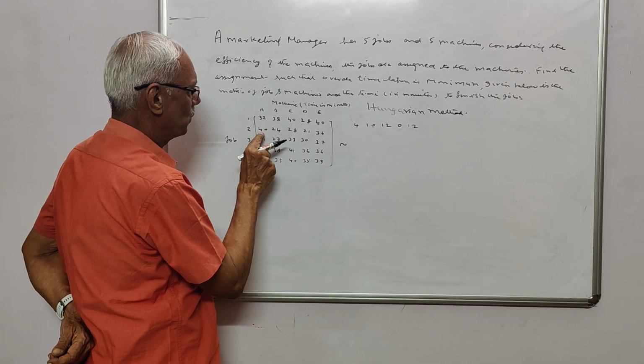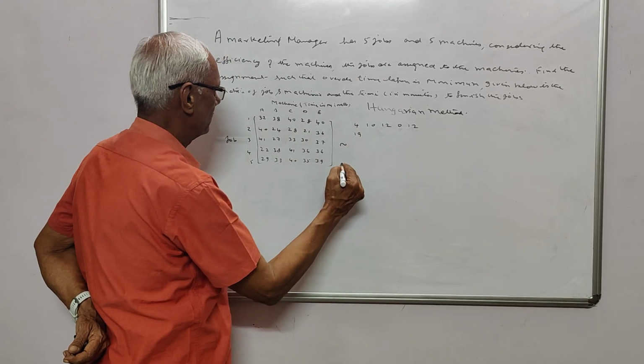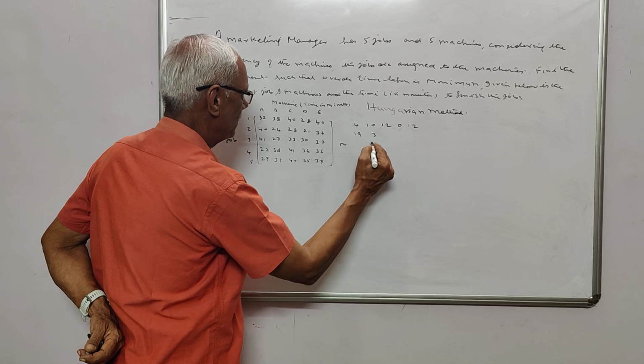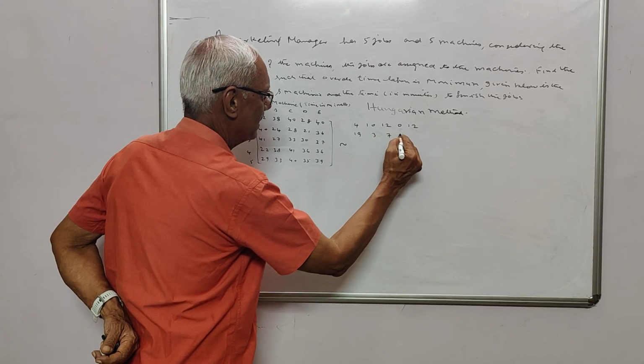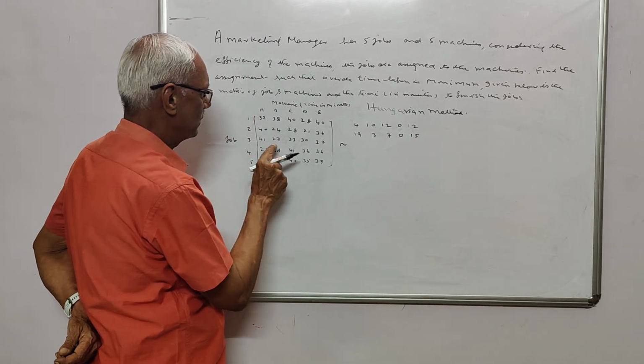Then likewise you go for this. Here the minimum is 21, so this is 19, and this is 3, and this is 7, this is 0, and this is 15.